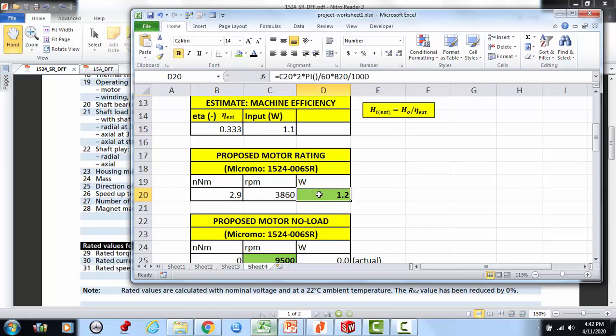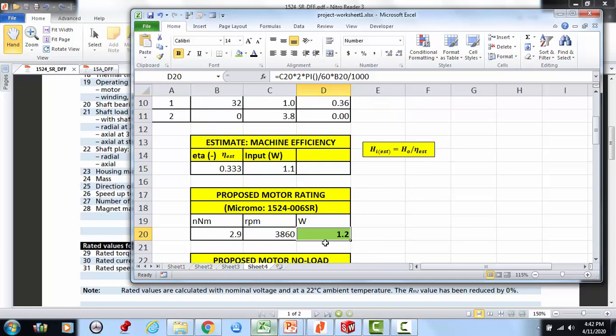I took the same equation that I used before, but adapted it for millinewtons. It's simply the newton meters times the radians per second. So the rated wattage of this proposed motor is 1.2 watts, which is with a little bit of headroom above what we're looking for.